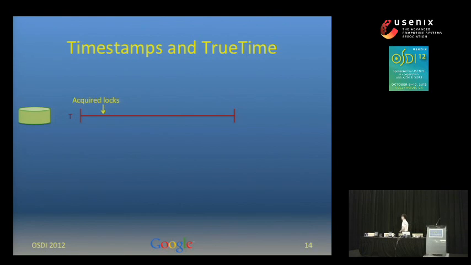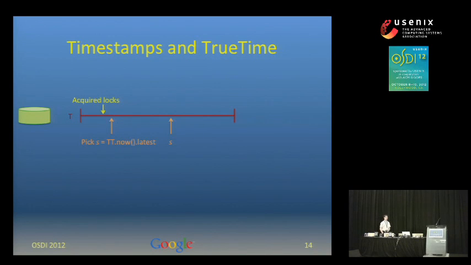Well, what we do is we acquire all our locks. We pick the timestamp s to be TrueTime.now.latest. That is, we pick a timestamp in the future that is guaranteed to be an upper bound on the actual time at which now was executed. So that guarantees that s falls in the interval with respect to the acquisition of the locks.